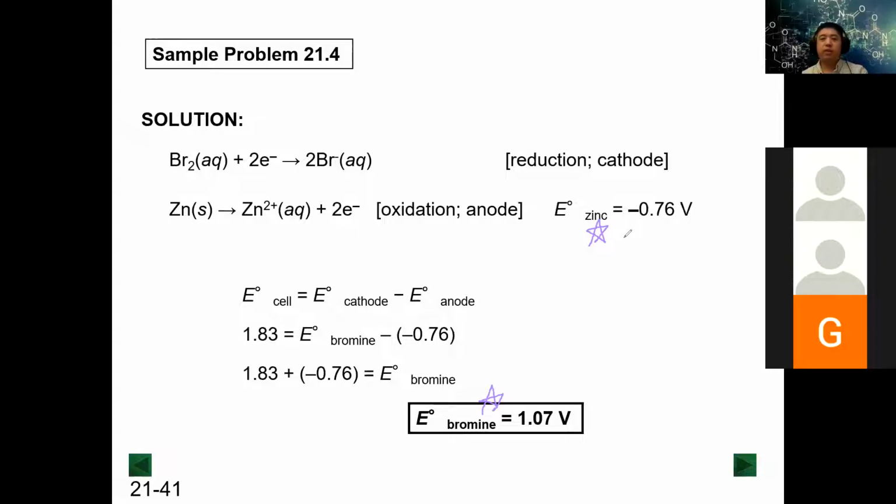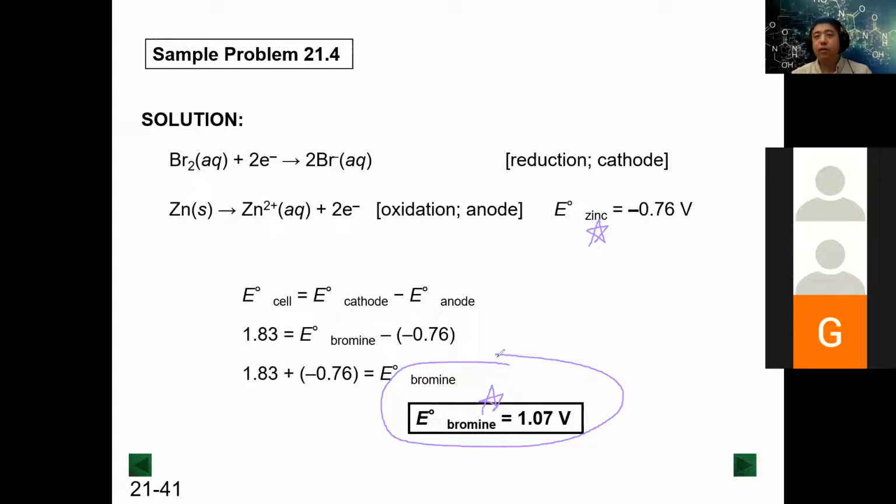Which one of these is a bigger number? Not a trick question. The voltage of E for bromine. Okay, so the bromine standard reduction potential is a bigger number, right? What that essentially means is that if I had to compare bromine and zinc, who is more likely to undergo reduction? And the answer is going to be bromine. Does that make sense?